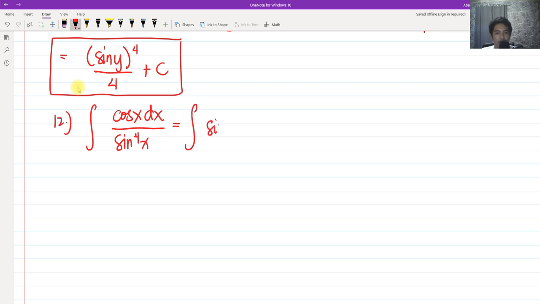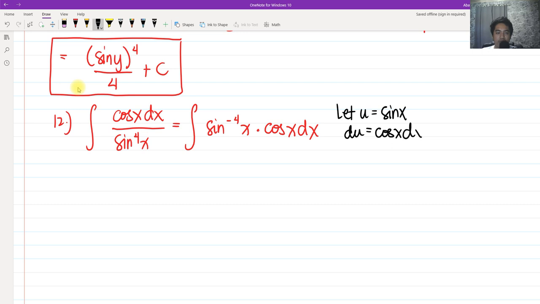If we take the reciprocal, we get sine raised to negative 4, we negate the exponent, and that would be multiplied by cosine x dx. So that is as simple as our first example, because as we all know, if we let u equal sine of x, then we have du as cosine of x dx. The derivative of sine is cosine.